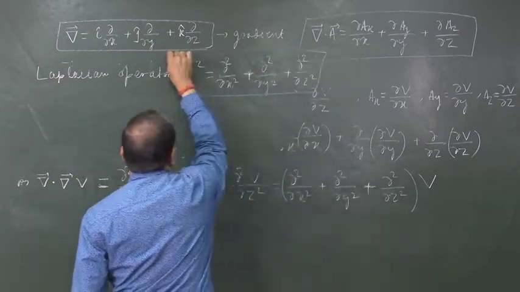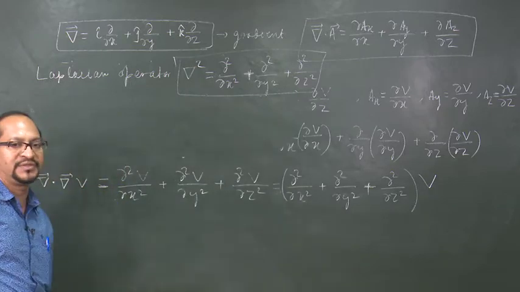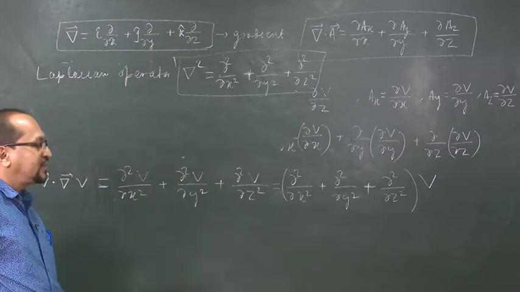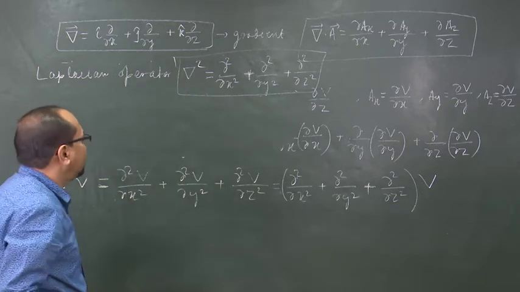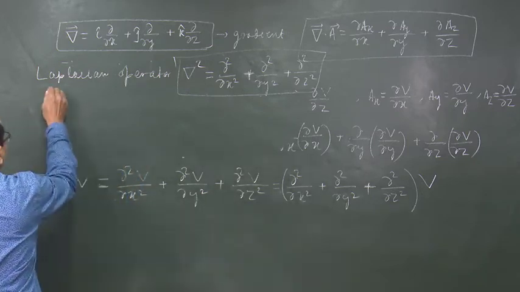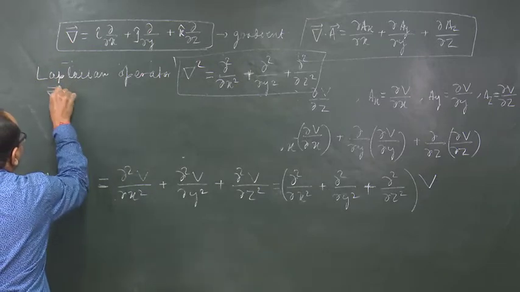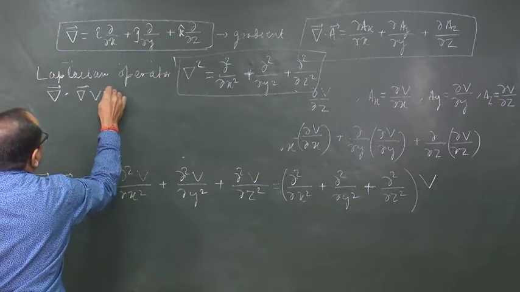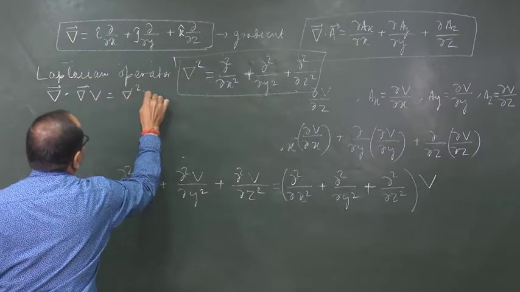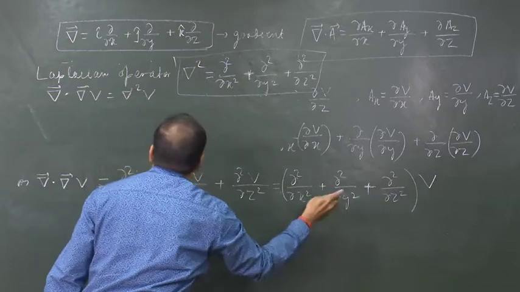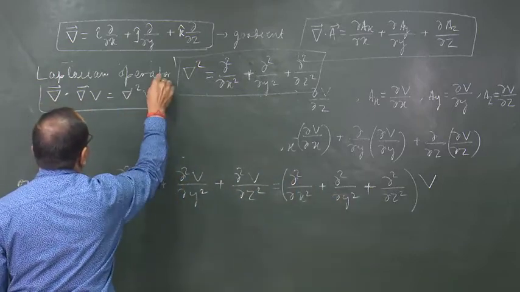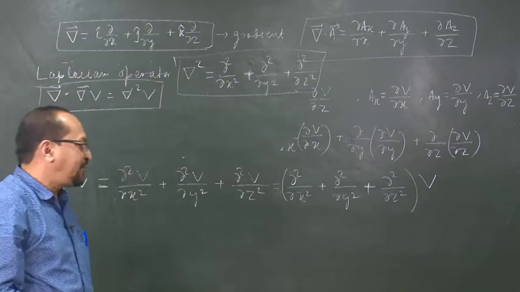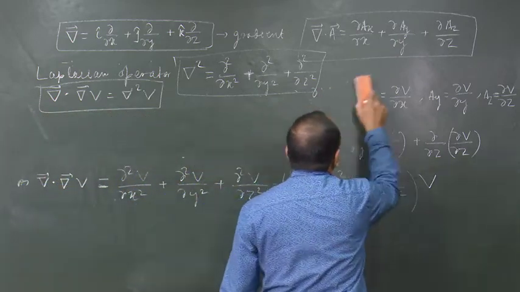This is again a very special operator which is often used in different branches of physics. So, we arrive at the conclusion that divergence of grad V is equal to del square V. This is the double operation. This is a very important point: divergence of grad V is del square V.